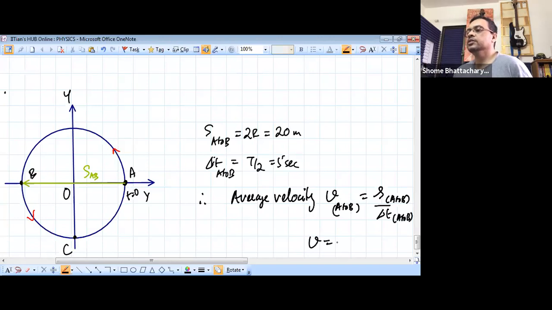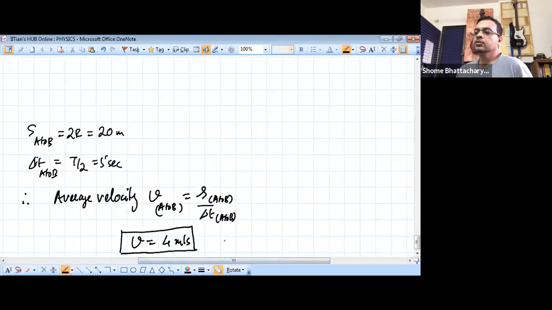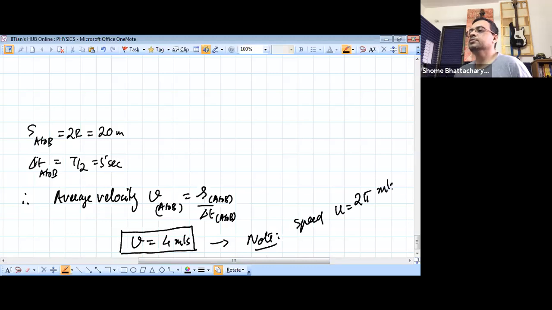So that average velocity will become 20 by 5, or 4 meters per second. And you can see this is a different value to speed. Note that speed u was how much? 2 pi meters per second, so that is approximately 2 into 3.14, or 6.28 meters per second.